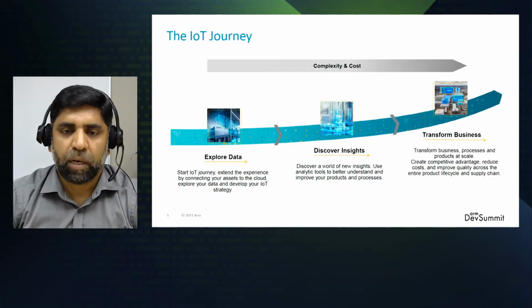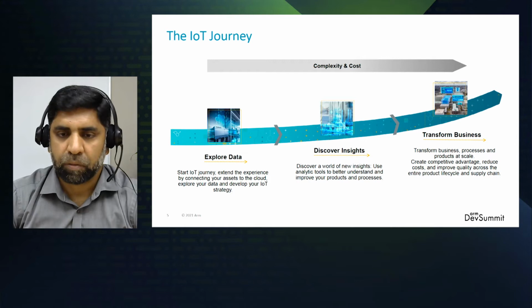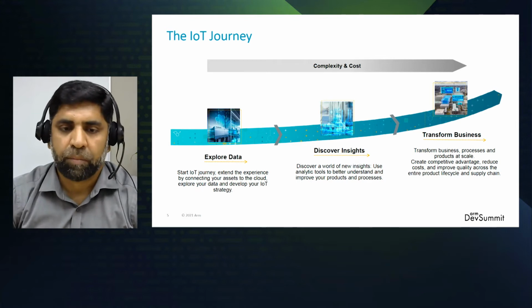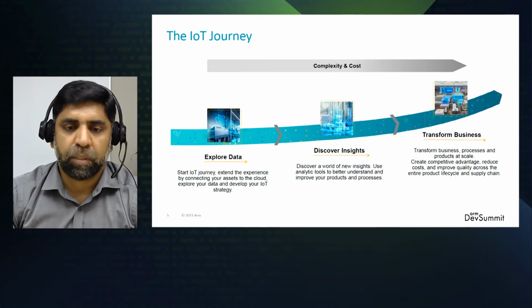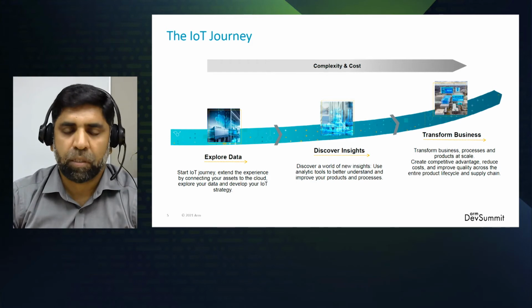So when we look at the IoT enablement on devices, we should look at this as a kind of maturity curve or an IoT journey. It typically starts with very basic use cases where we implement telemetry or the ability to remotely gather some information and explore data around the device.